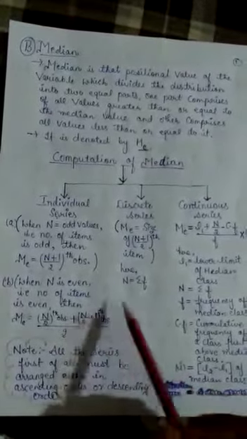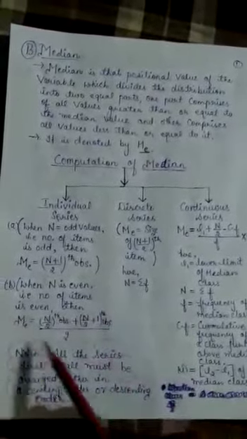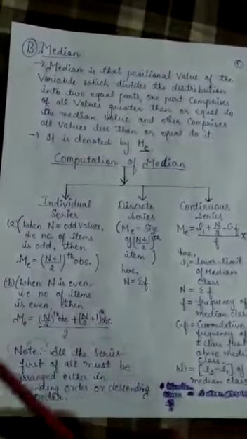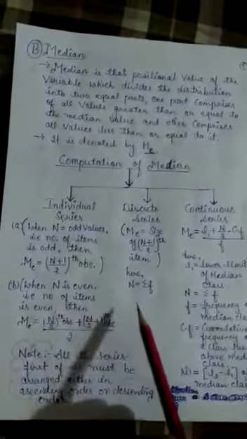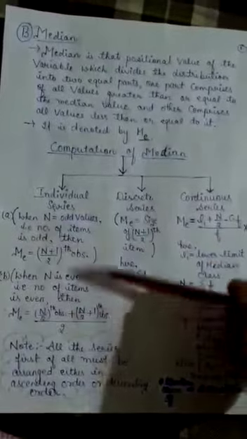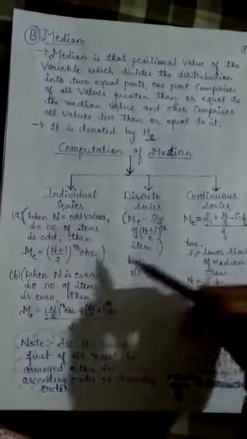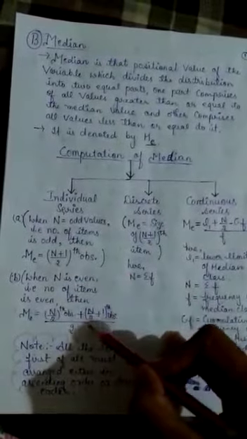It means it is the mean of the middle two values. Hope you are understanding where we will use this formula and where we will use that formula.